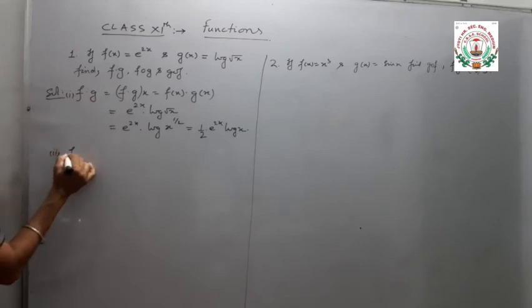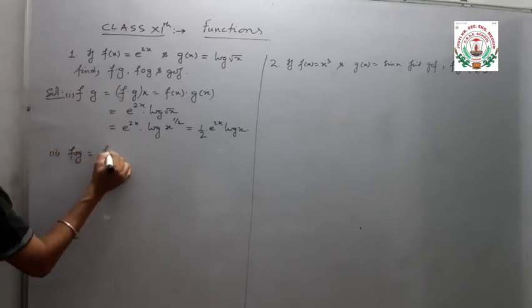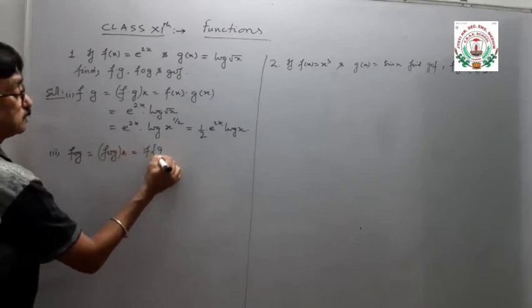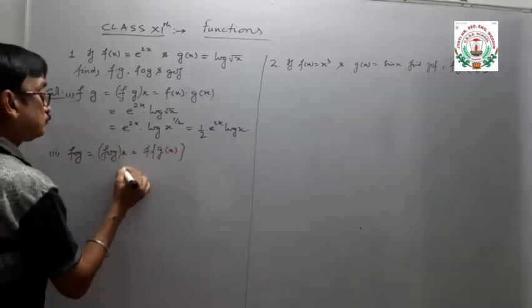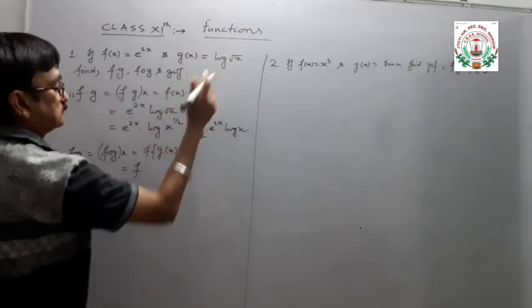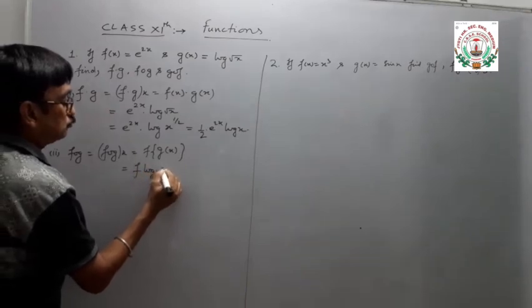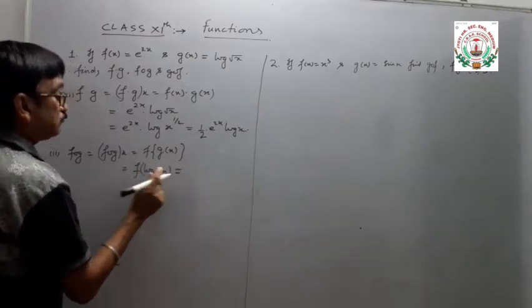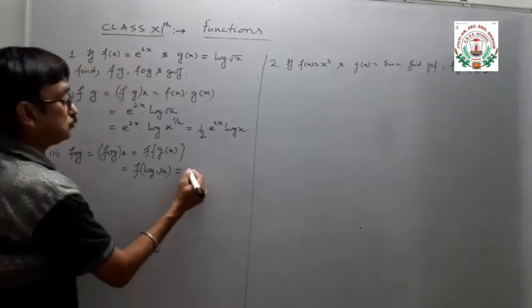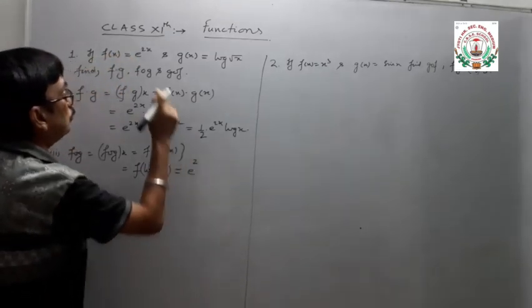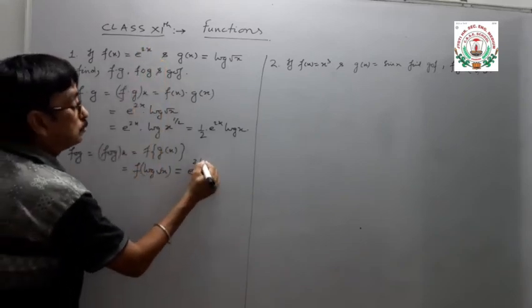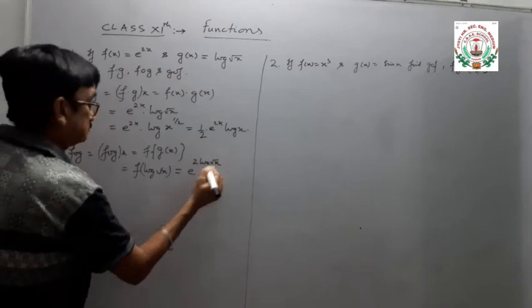Second, f operation g of x, f of g of x हो जाएगा, और g of x हमारे पास क्या है, log root x, तो ये बन गया log root x. अब f of x हमारे पास क्या है, e to the power 2x, तो e to the power 2 और x के स्थान पे ये पूरा वैल्यू आएगा, log root x.